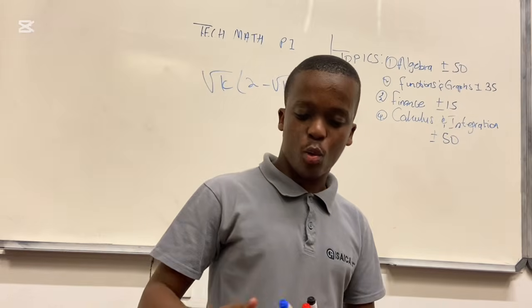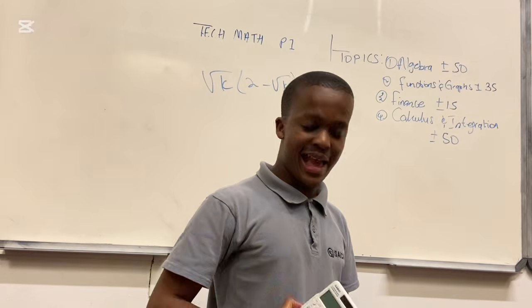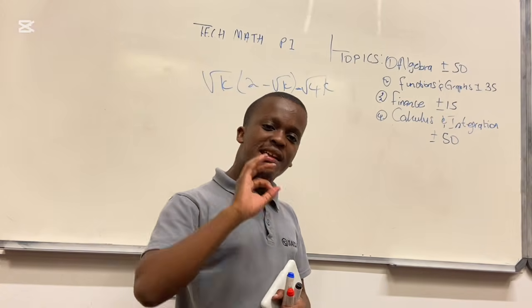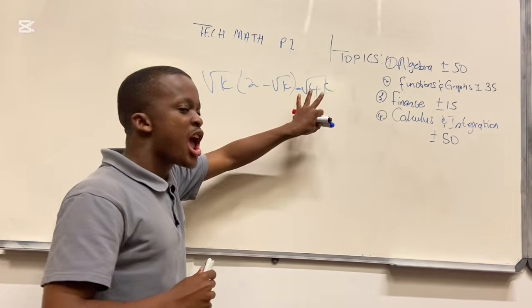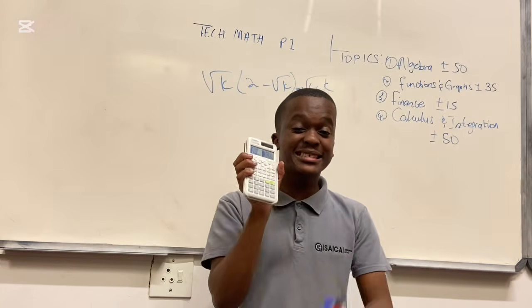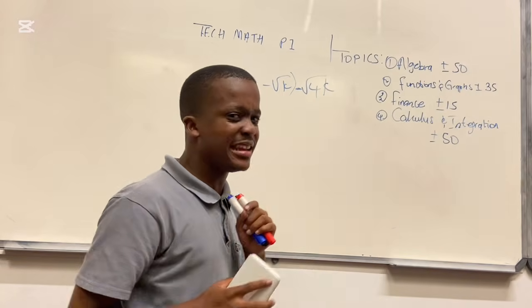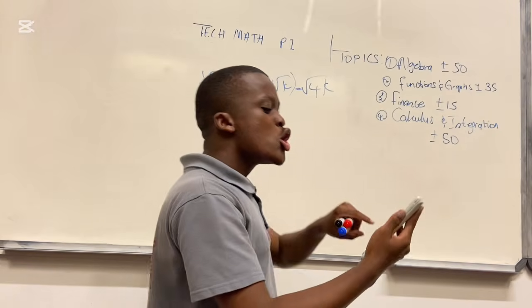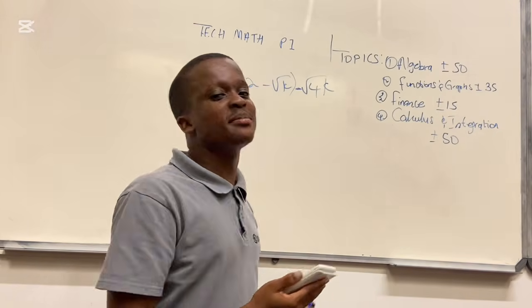Whenever you come across a question like this, I want you to follow me. Whenever it says simplify and there is a variable, this can help you nail your paper. You go to your calculator. This is a trick. In place of the variable, you substitute 1.